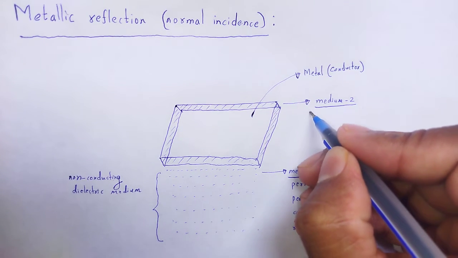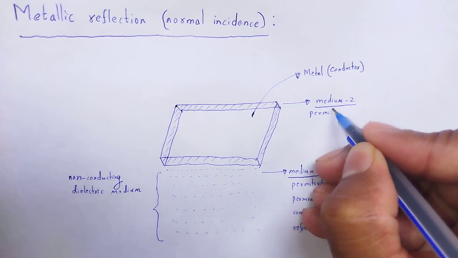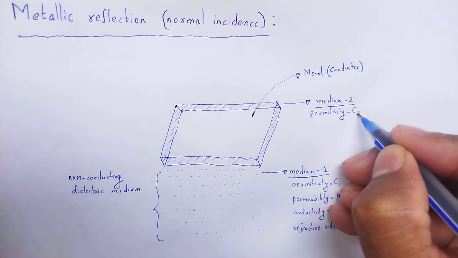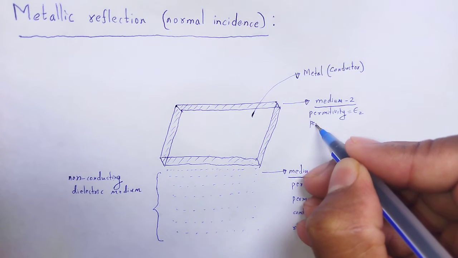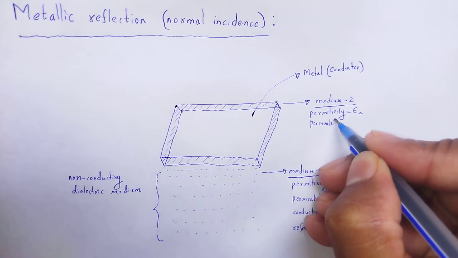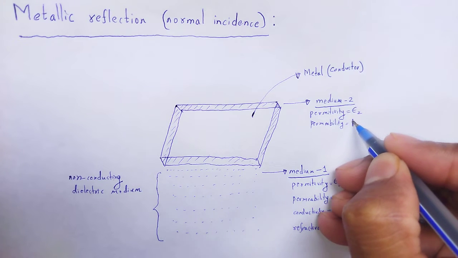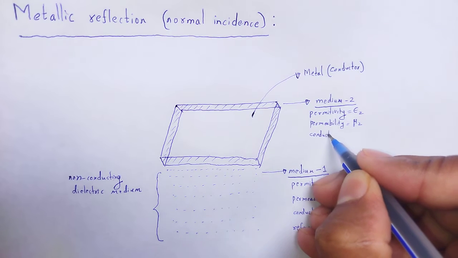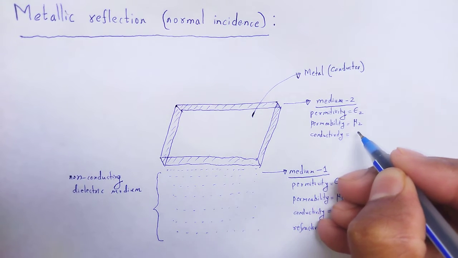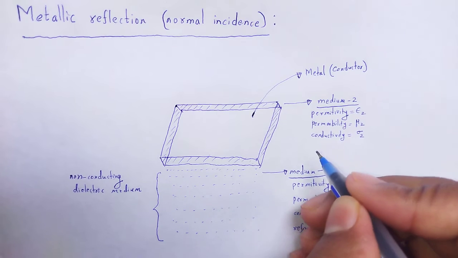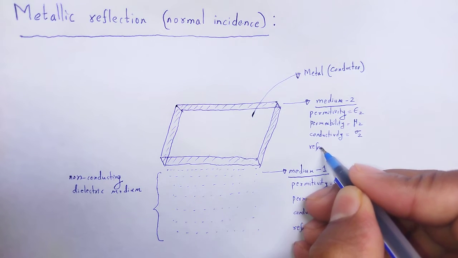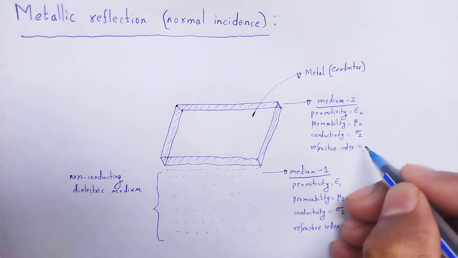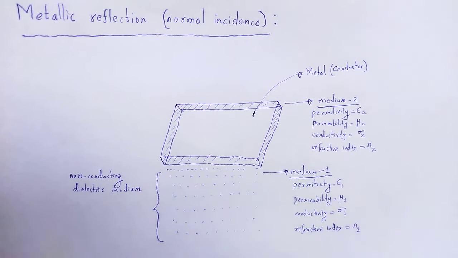Same thing here, permittivity epsilon 2, permeability mu 2, conductivity sigma 2, and refractive index n2.